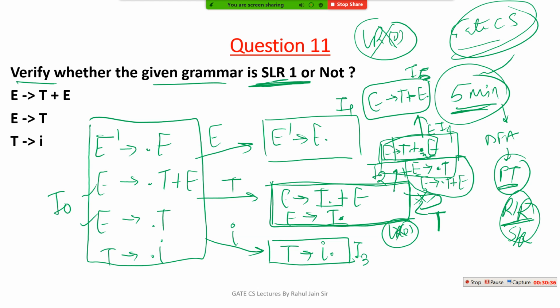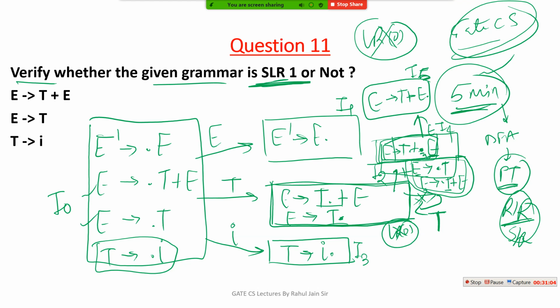Saksham, what you are saying, that T derives dot i, no, we need not include this transition here. Why? Because I need to add closure only on the basis of the next state. In the next state, I only have a dot before E, so I only need to add the transitions of E. I do not need to add transitions of T, because these equations came from here. Right, Saksham?